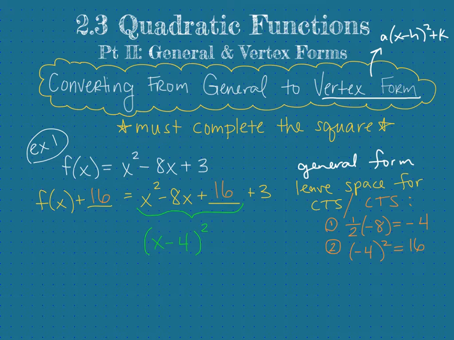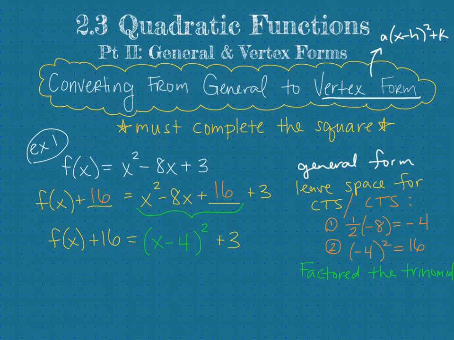So what did I just do in green? I factored the trinomial that we created. All right, then I'm going to bring everything else down in yellow. So we have f of x plus 16, and then equals that, plus 3 still on the end.